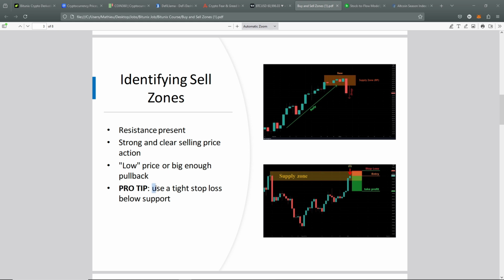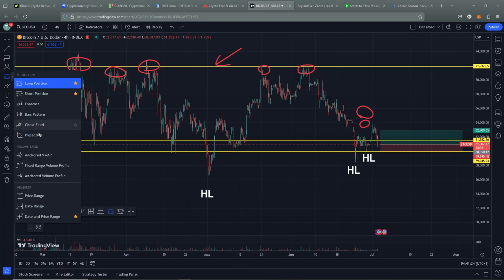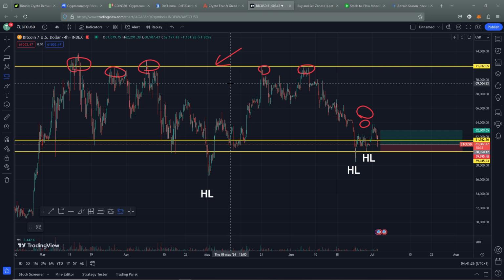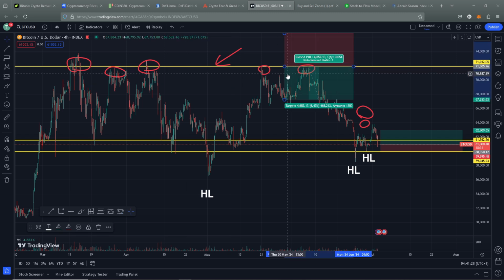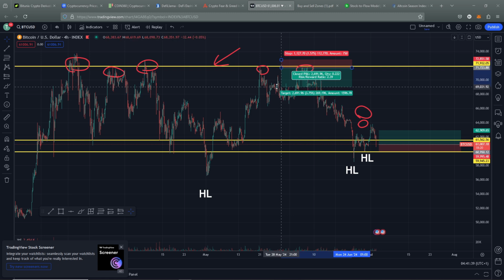And once again, we can also use a tight stop loss above resistance. Sorry, once again, for the typo here. So in this example, we would place a trade as such. You can put the short position tool, and we would typically enter the short right here, for example, possibly choose, once again, a 1.5% stop loss, and then about a 2% risk to reward ratio, right?